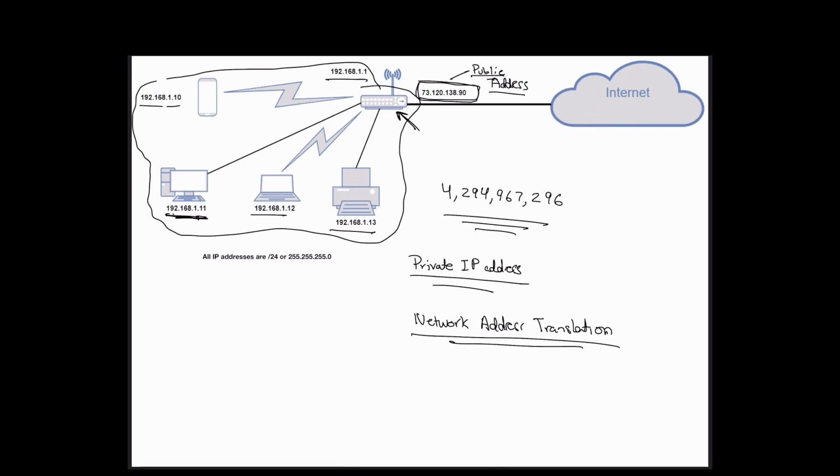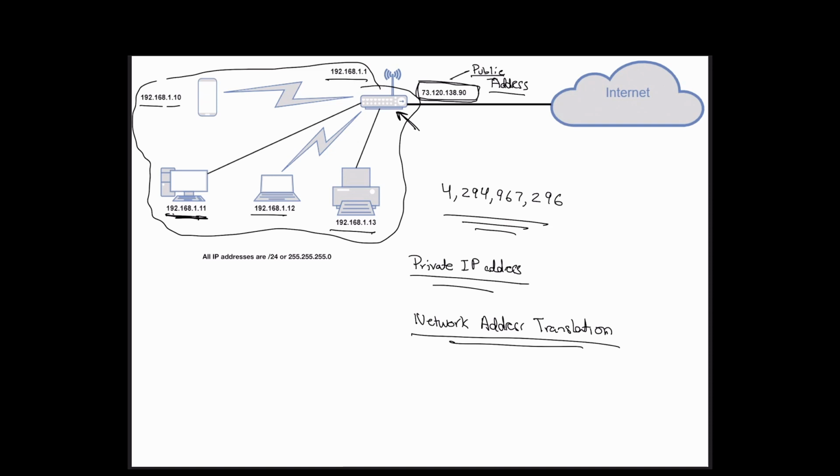Suppose you wanted to go to youtube.com. Your computer will say, hey, I don't know where youtube.com is. Let me send this information to my router, specifically the default gateway, which is this inside IP address of the router. Then your router's job is to route and find how to get to youtube.com.